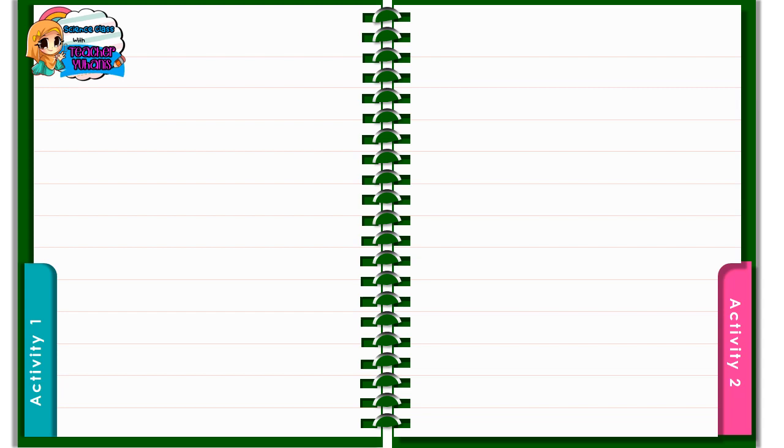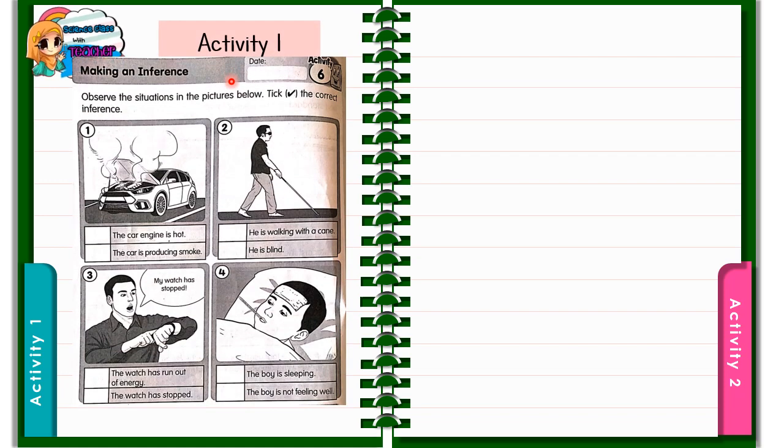Well, let's move on to your task for today. For activity 1, you have to do activity 1 in your science activity book, making an inference. Activity 6. Observe the situation in the pictures below.